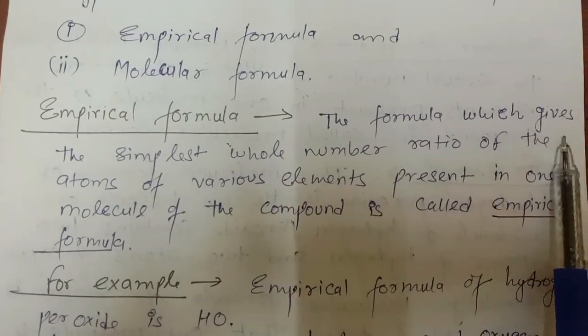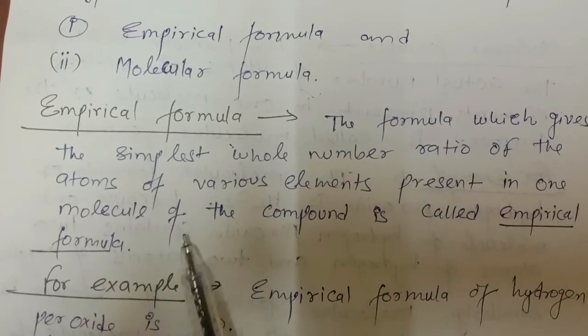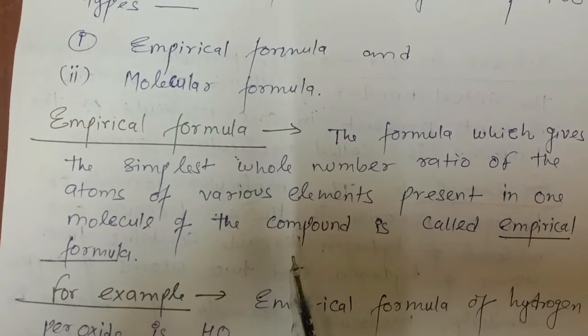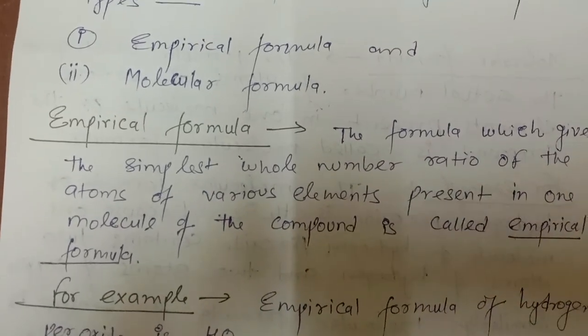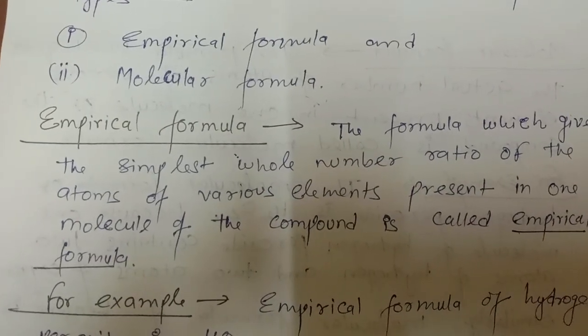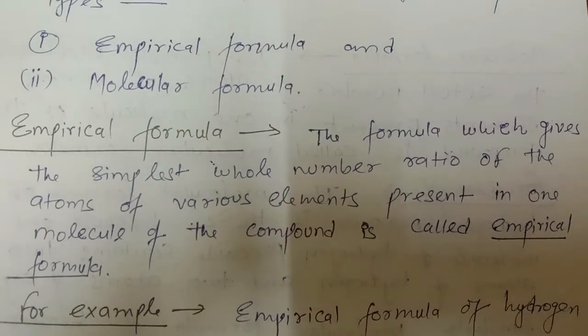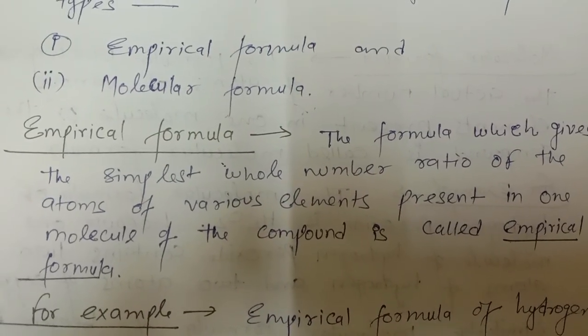The formula which gives the simplest whole number ratio of the atoms of various elements present in one molecule of the compound is called the empirical formula. It means the simplest whole number ratio of the atoms of various elements present in one molecule of a compound. Let's see an example.